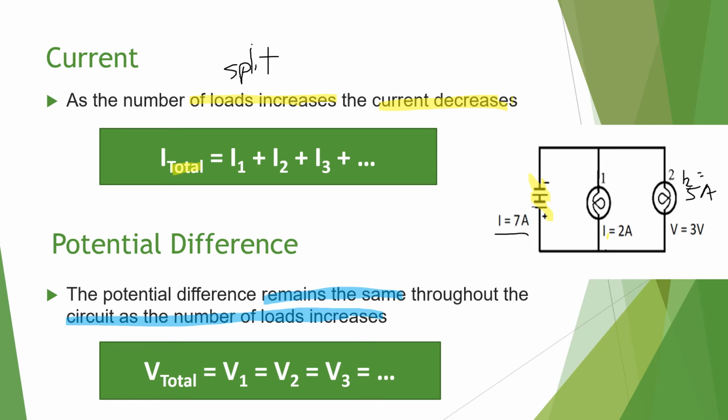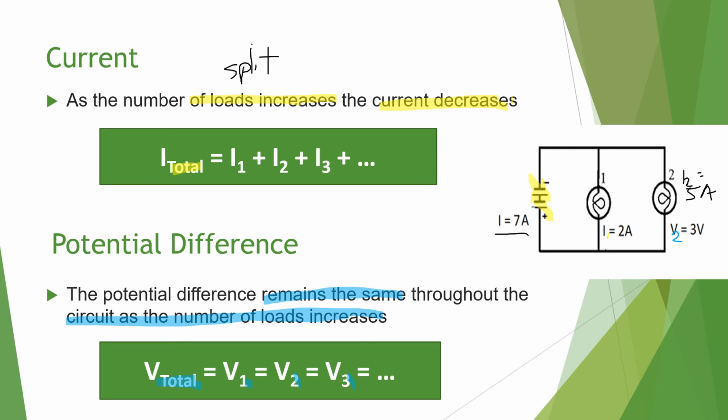So if we have V2 here, because this is load 2, light bulb 2, if the voltage at V2 is 3, and we know that the total voltage, so let's look down here at our equation, the total voltage is equal to voltage at load 1, 2, and 3.